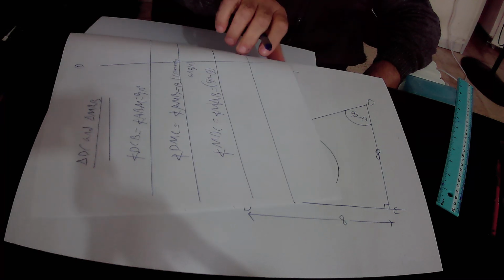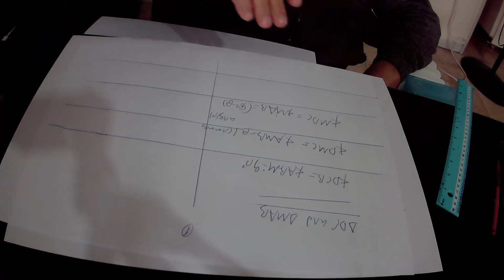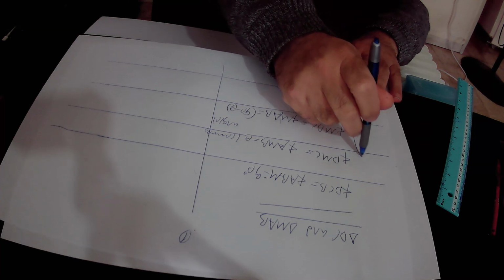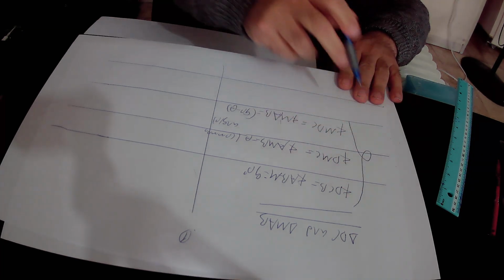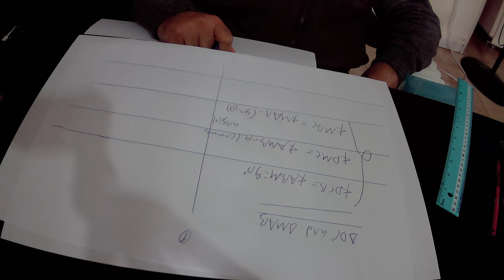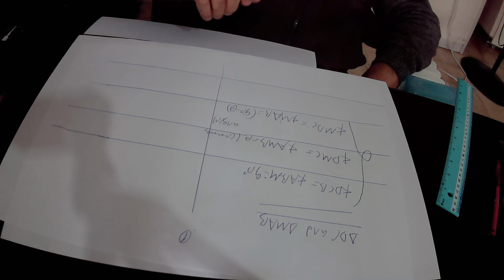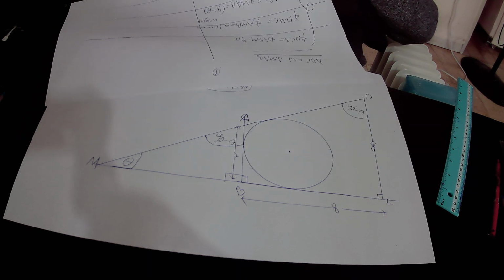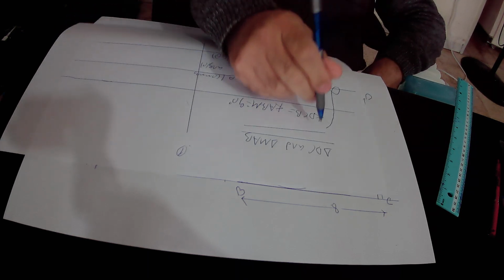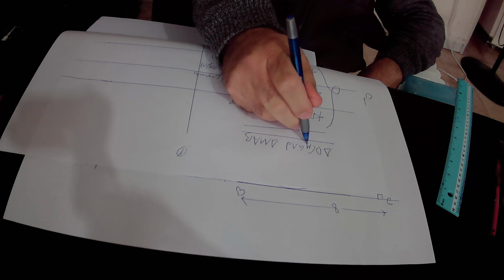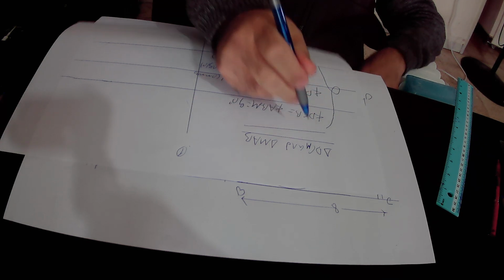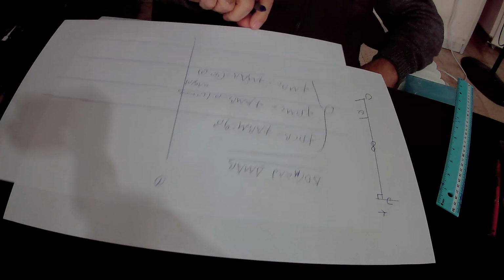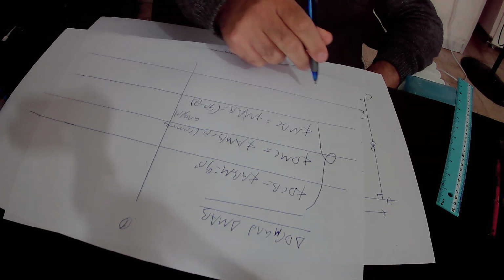So we actually proved that all the three angles in the big triangle are correspondingly equal to all the three angles in the small triangle. Therefore we proved that the big triangle DCM is similar to the small triangle MAB according to the angle similarity rule.